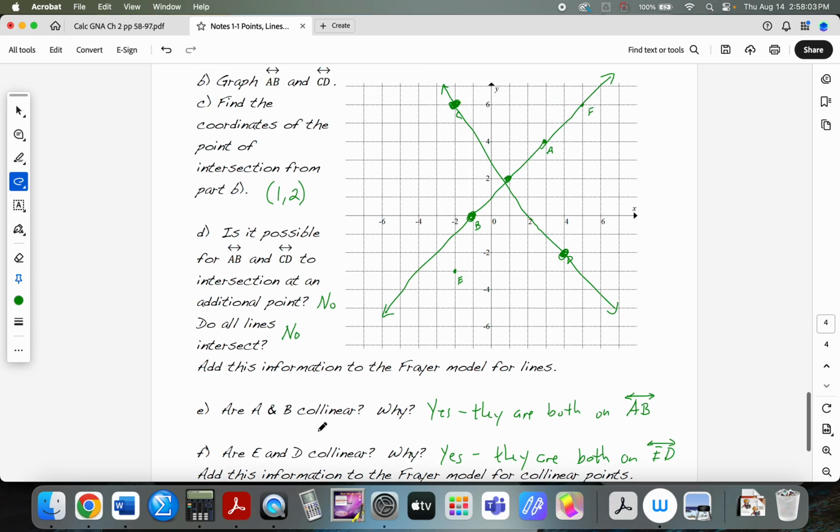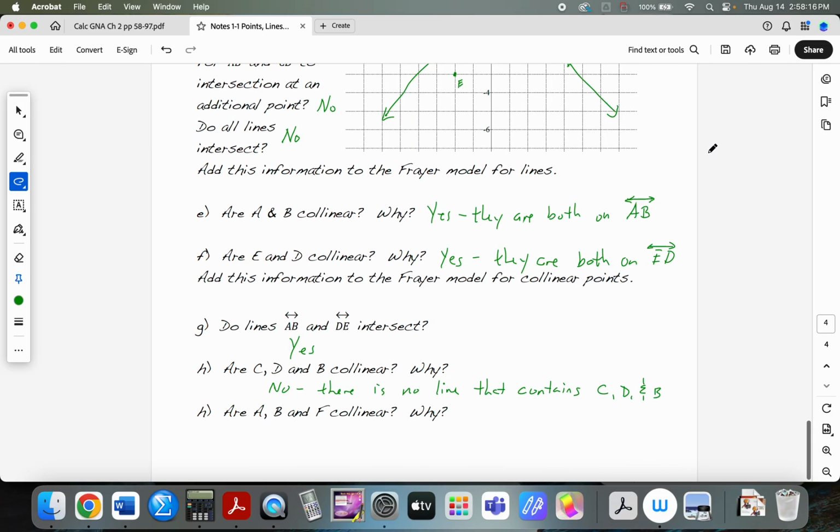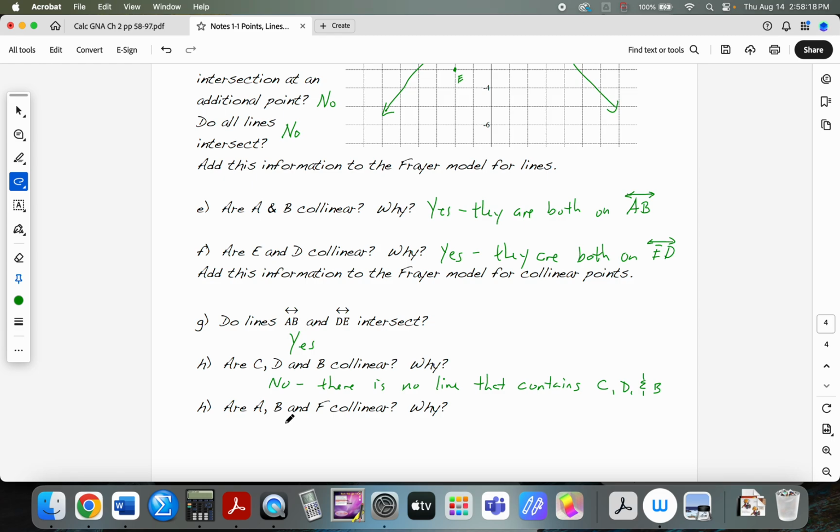Are A, B, and F collinear? Yes, they're all on line BAF. Are all these on the same line? Yep. So remember that line keeps going. So yes, they are all on it.